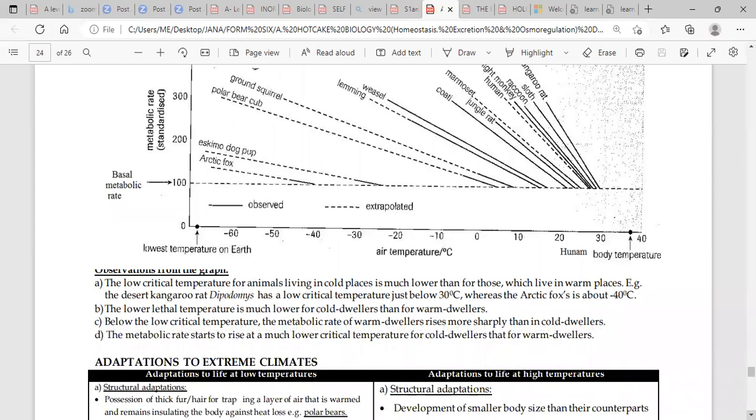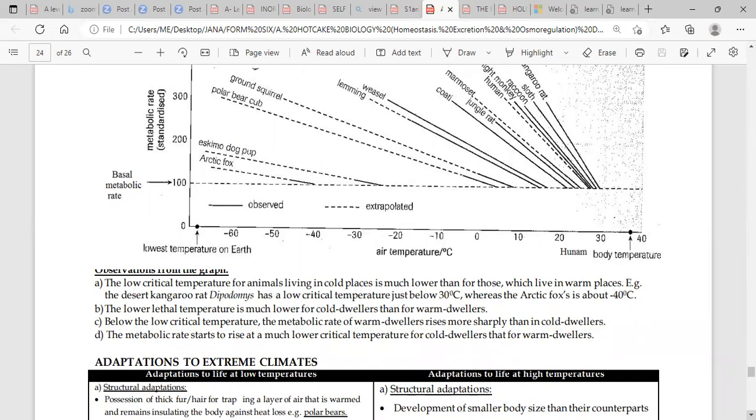So you have the low critical temperature for animals living in cold places, much lower than that for those that live in warm environments. That is the lower critical temperature at which their physical mechanisms are able to maintain their body temperatures.